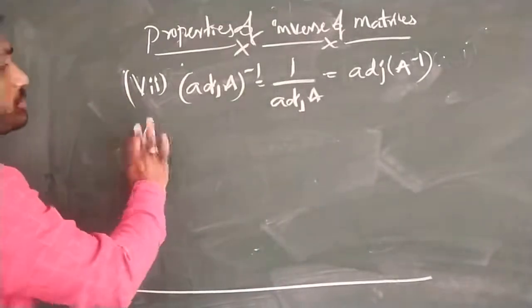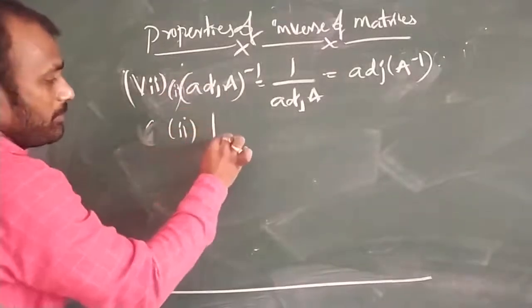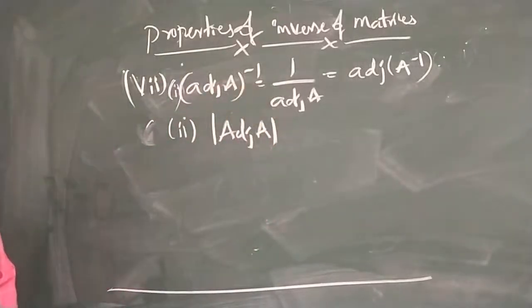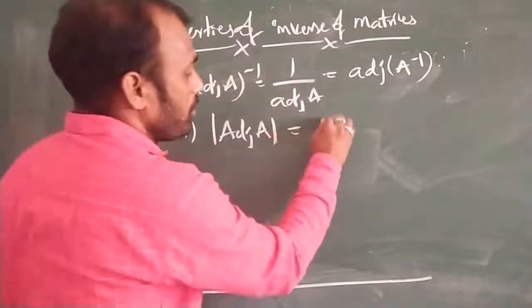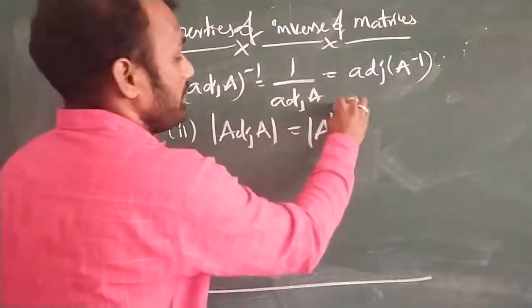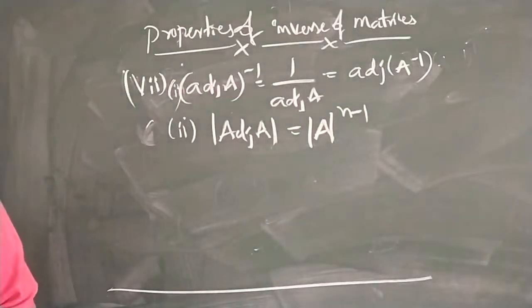Next, in this only, second property: determinant of adjoint of A is equals to determinant A to the power of n minus 1, where n is the order of the matrix. So these are the various properties. Now let us see some examples based on these properties.